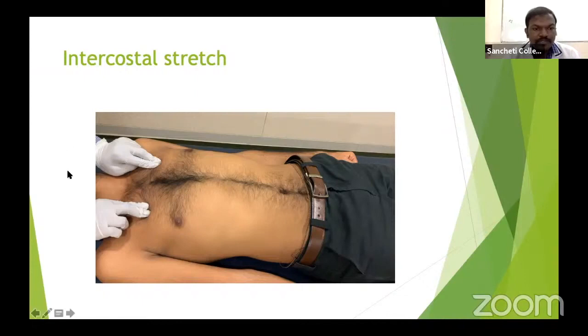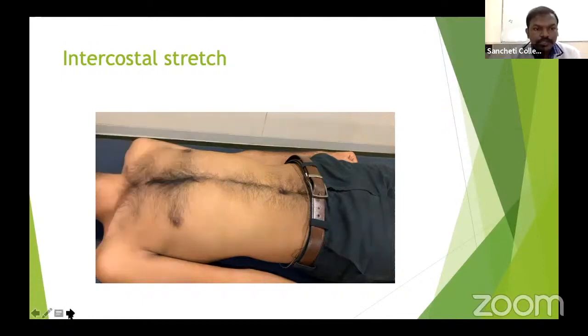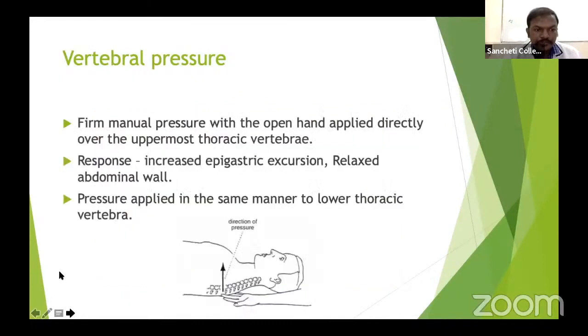So now we have seen two techniques, firstly perioral pressure and the intercostal stretch. Now we are going to see the third technique, which is vertebral pressure. In this technique, we have to apply a firm pressure on the vertebrae.